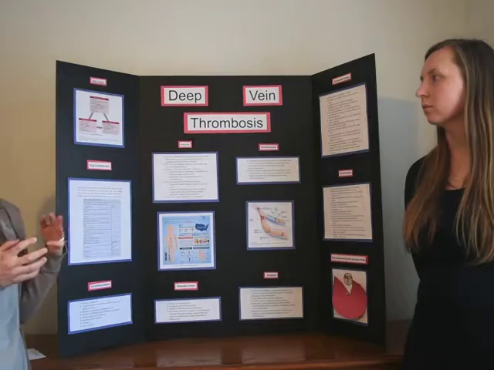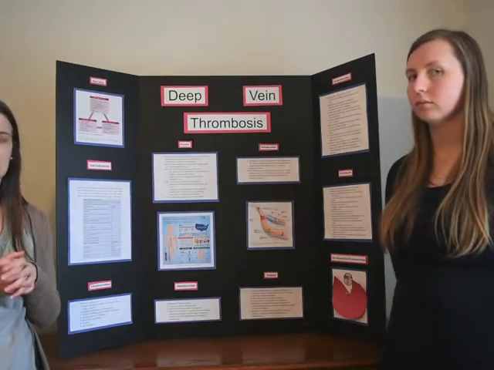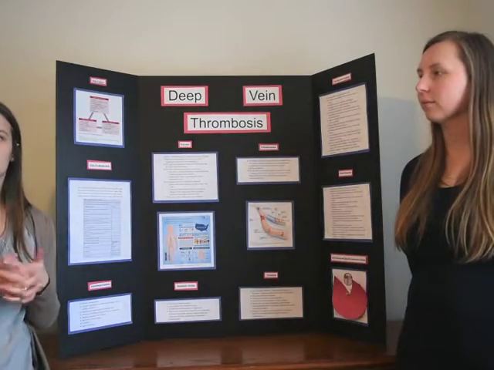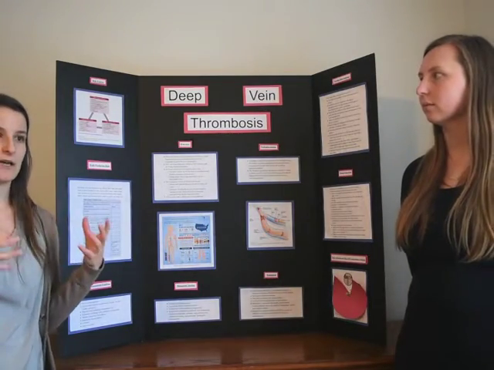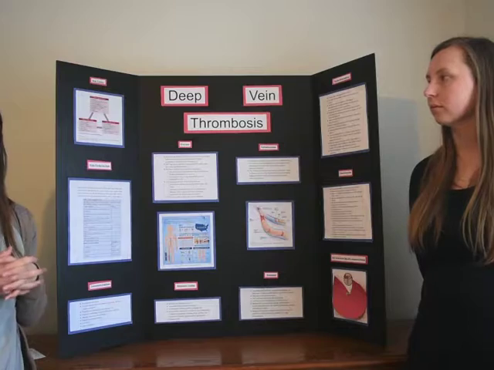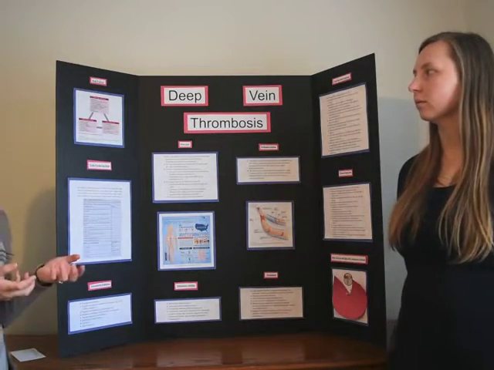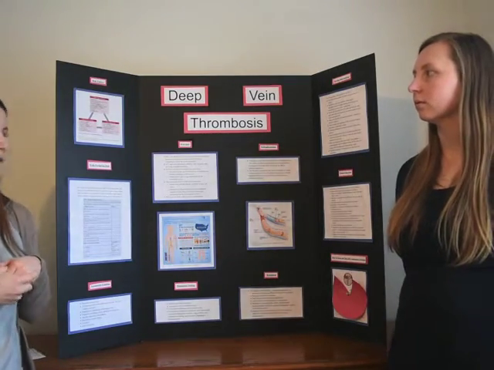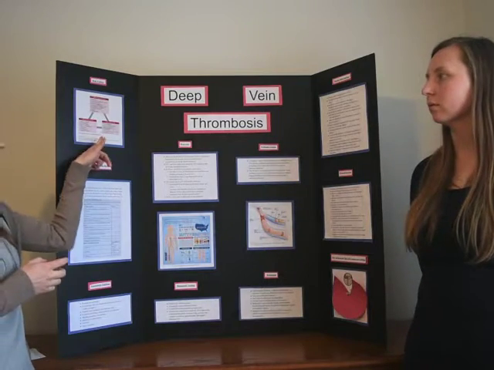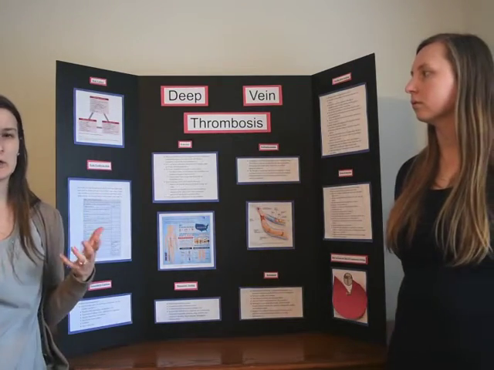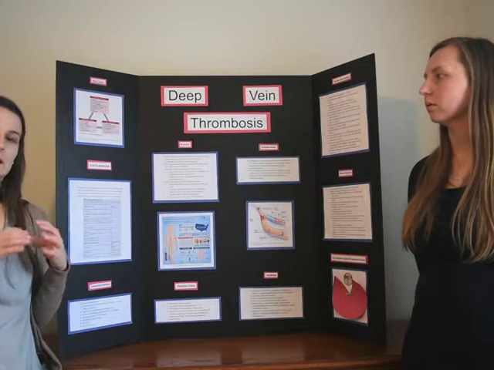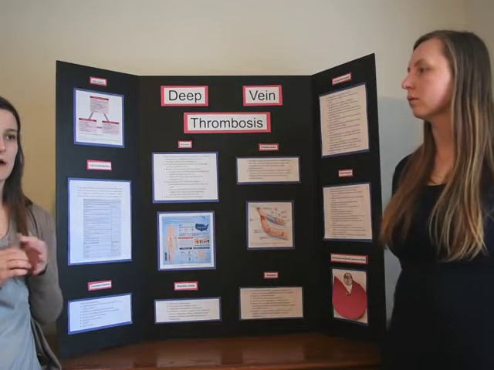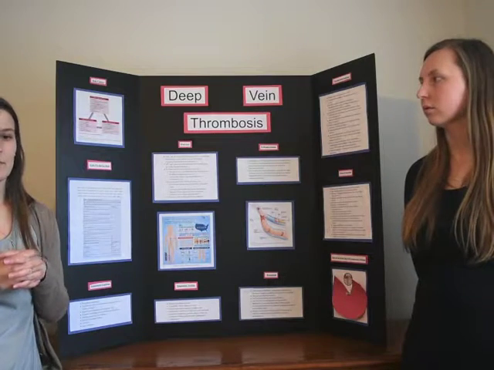There are three common risk factors for DVTs. The first one is a hypercoagulable state. That typically means you're already at risk for having clotting factors at a higher rate, such as with pregnancy, or sometimes with malignancies such as cancer. There's also the risk factor of circulatory stasis, meaning you already have reduced blood flow, so more blood is sitting and pooling in your veins, and that's common in people with bed rest or paralysis.